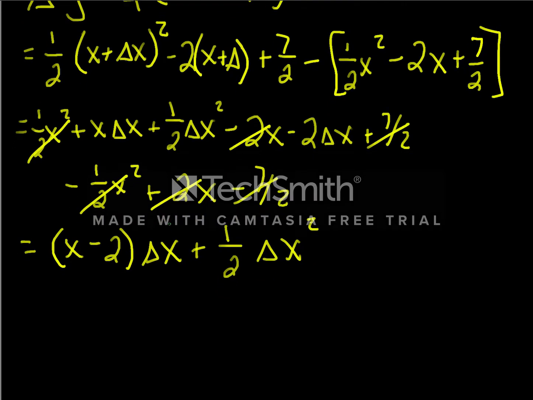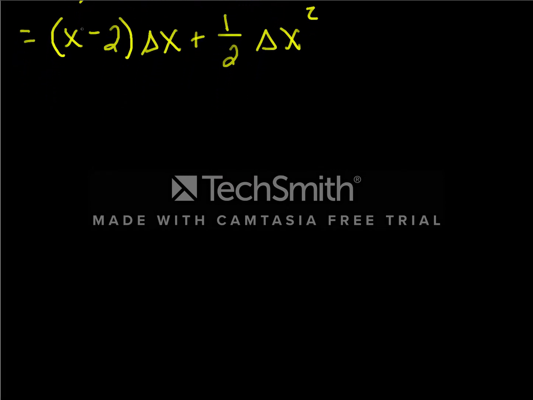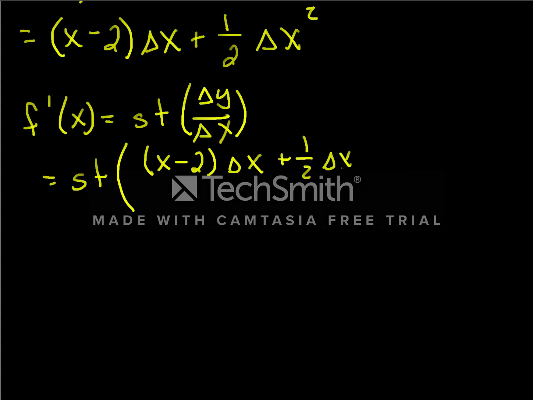Now to compute f prime, remember f prime is simply the slope, change in y over change in x. So f prime of x is the standard part of change in y over change in x, which is the standard part of x minus 2 delta x plus 1/2 delta x squared, all divided by delta x.